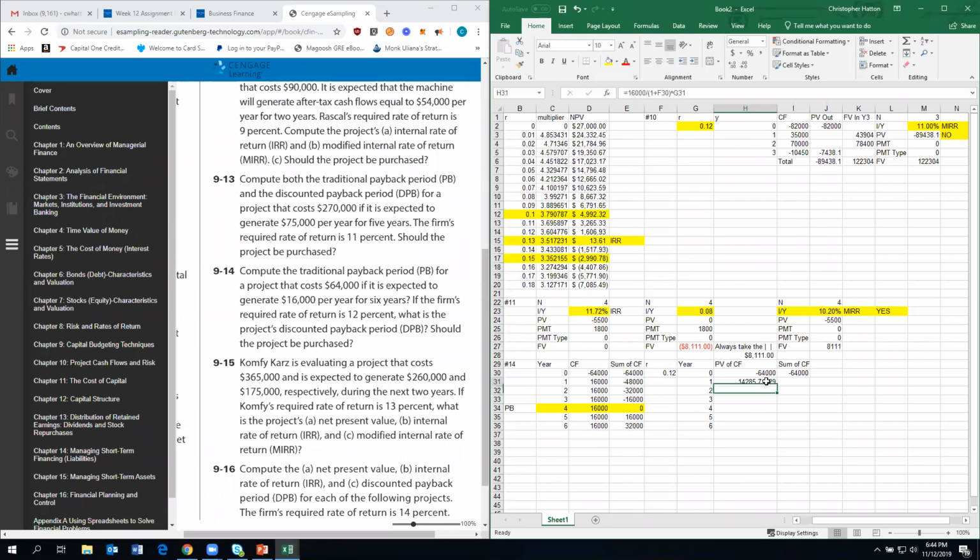And now see if you were to do this, it's not going to work. So you have to be able to calculate it. One plus rate raised to the year.